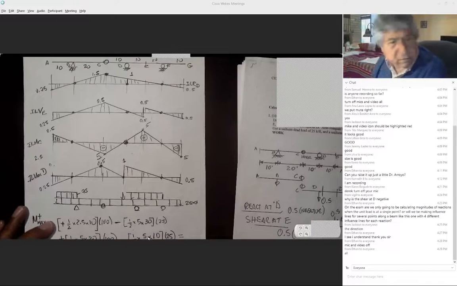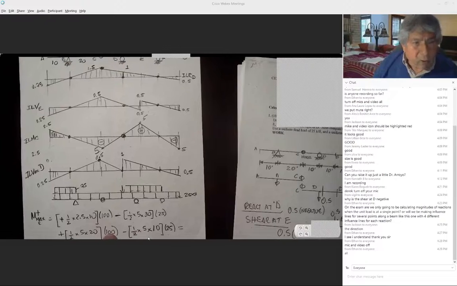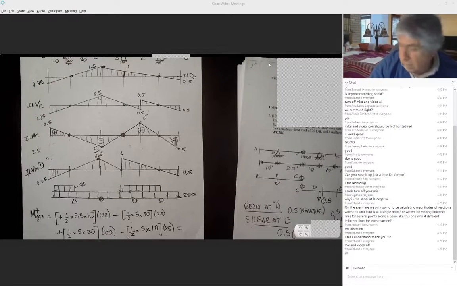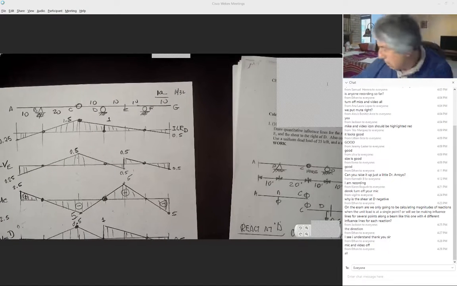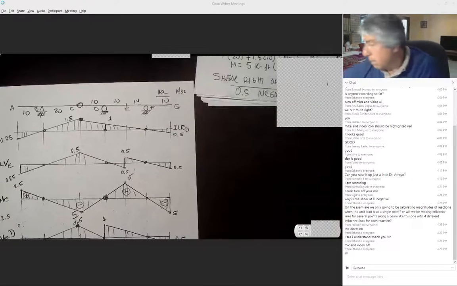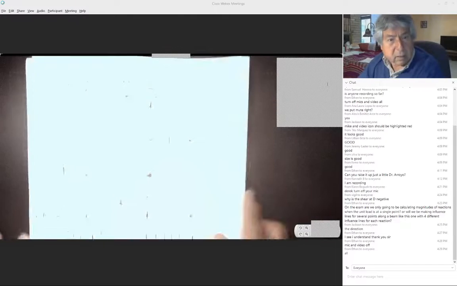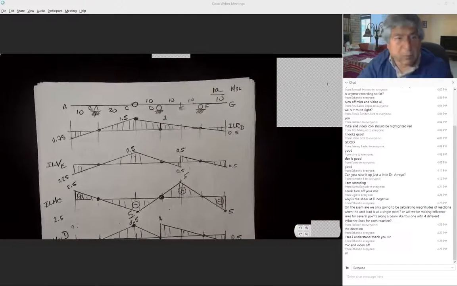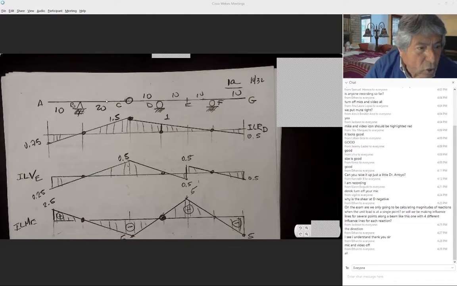All of these drawings show you only one location. For instance, the one here on the top is for the reaction at D. It shows you how much the reaction changes when the load moves across the structure.